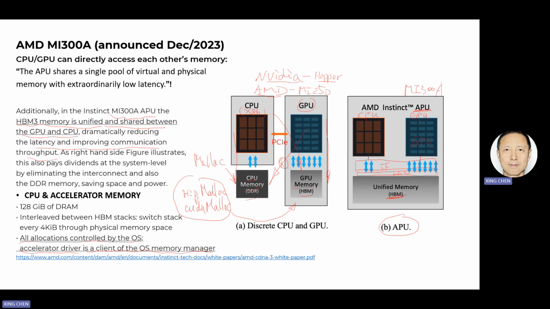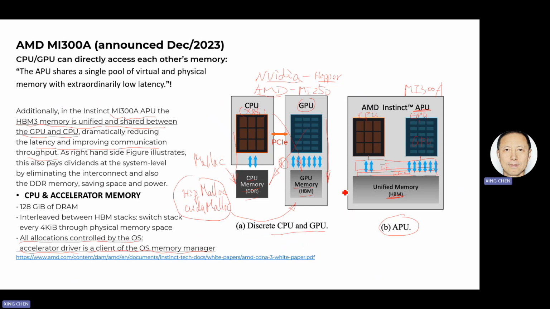Okay, so what we can see up to now is that MI300A has dramatically modified the memory subsystem. Its memory subsystem has been dramatically simplified compared with the traditional discrete GPU solution.